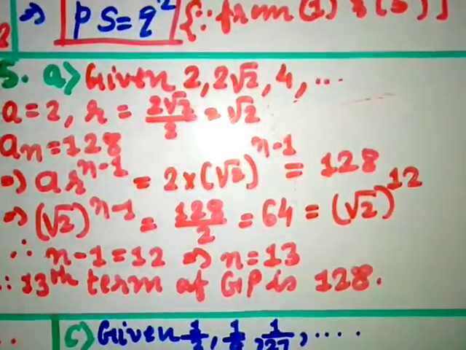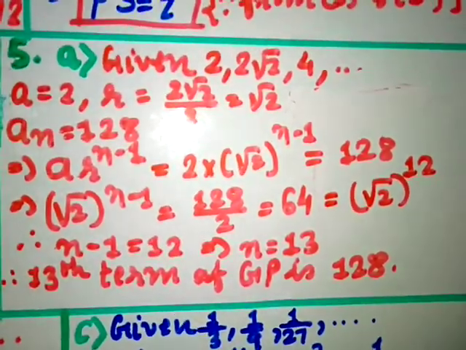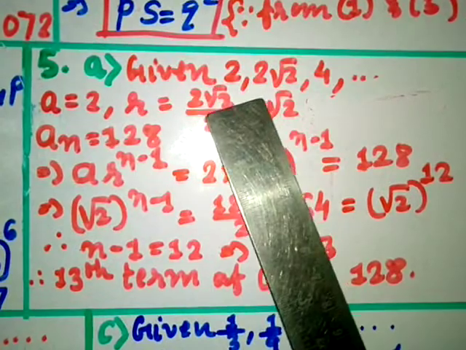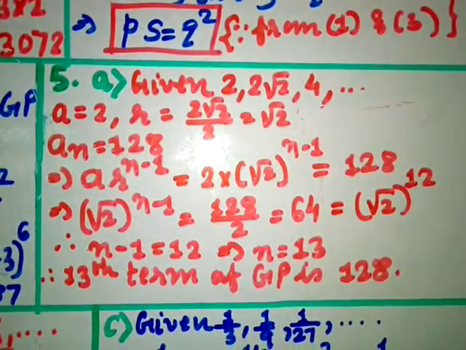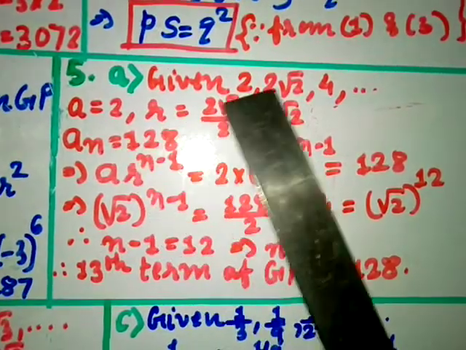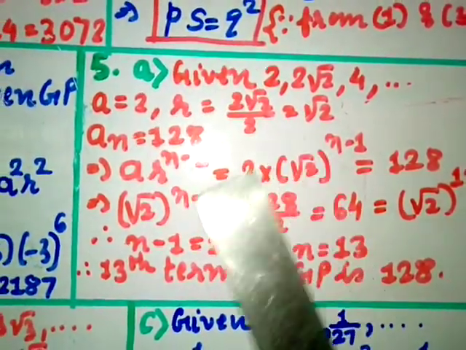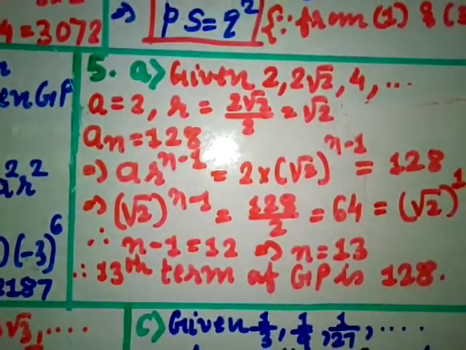In question number 5, part A, the GP is given to you: 2, 2 root 2, 4 and so on. So the first term is 2, so A equals 2, and the ratio is R equals 2 root 2 divided by 2, so R value is root 2.